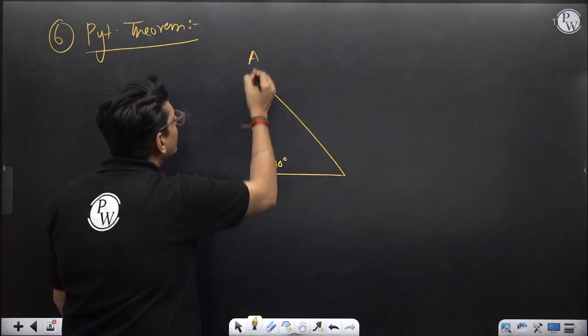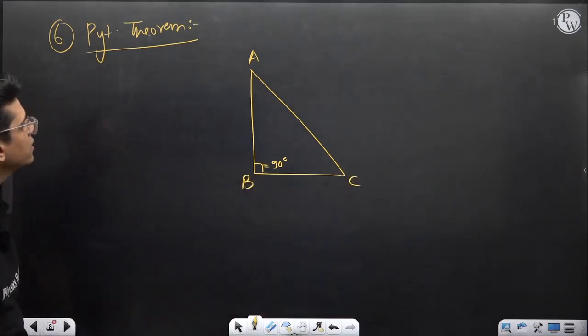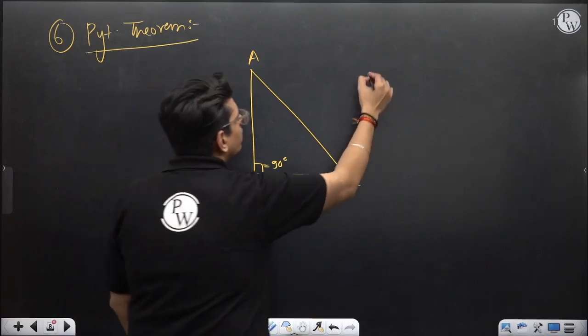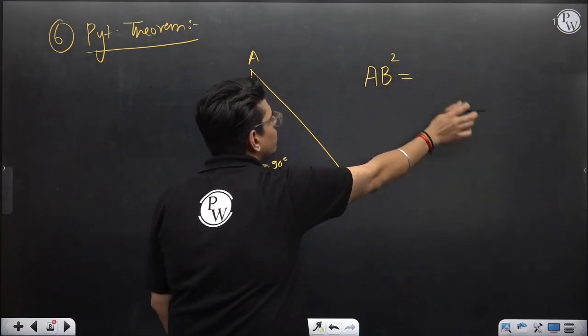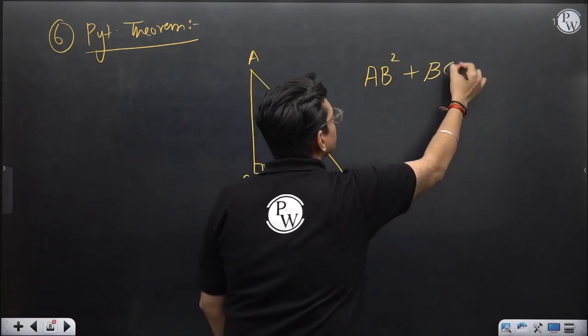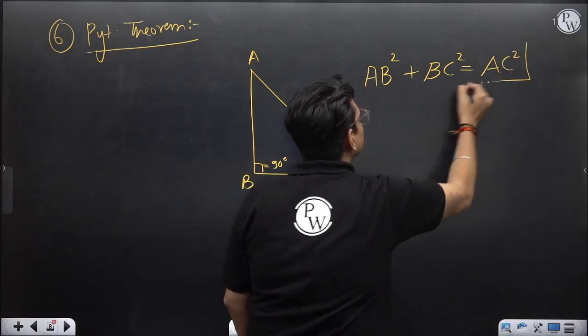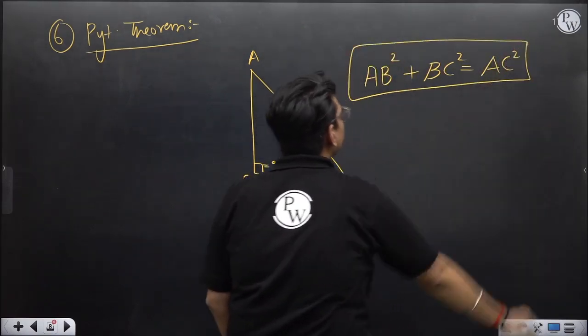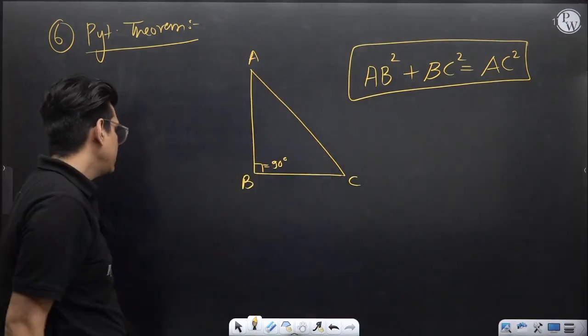This point is A, this point is B, this point is C. So according to Pythagoras theorem, we can say length of AB square plus BC square equals AC square.